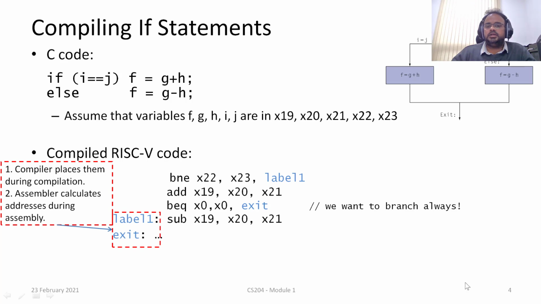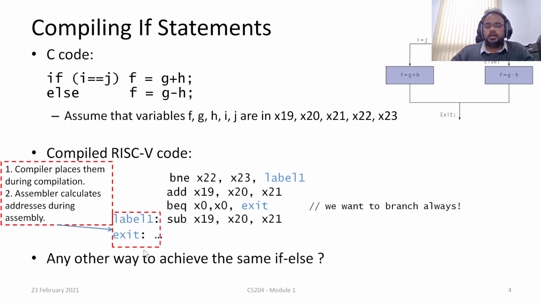During the assembling of this particular piece of code, label 1 would be replaced with the address of this subtract instruction. The exit would be replaced with the address of some other common path instruction. The same logic can be achieved in many other ways, so I'll leave it to you to explore.